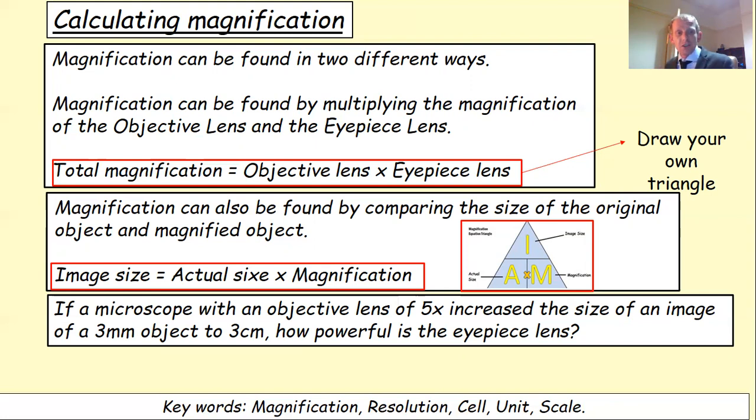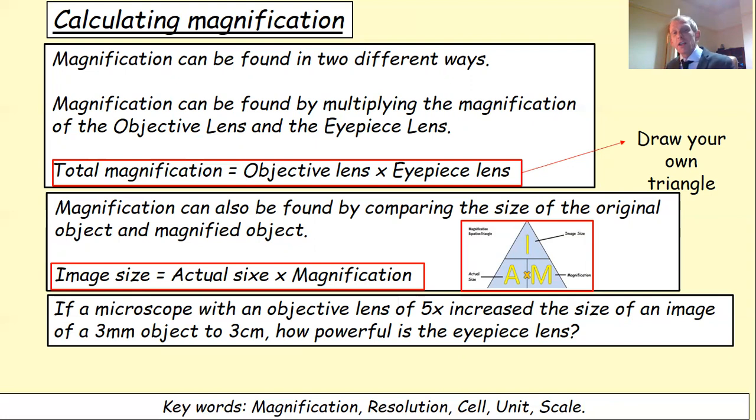Now, as you can see, we've got image size equals actual size times magnification. What I would like you to do, guys, is pause the video very quickly, copy those two equations down into your book. Also copy the I am triangle, the image equals actual size times magnification triangle.